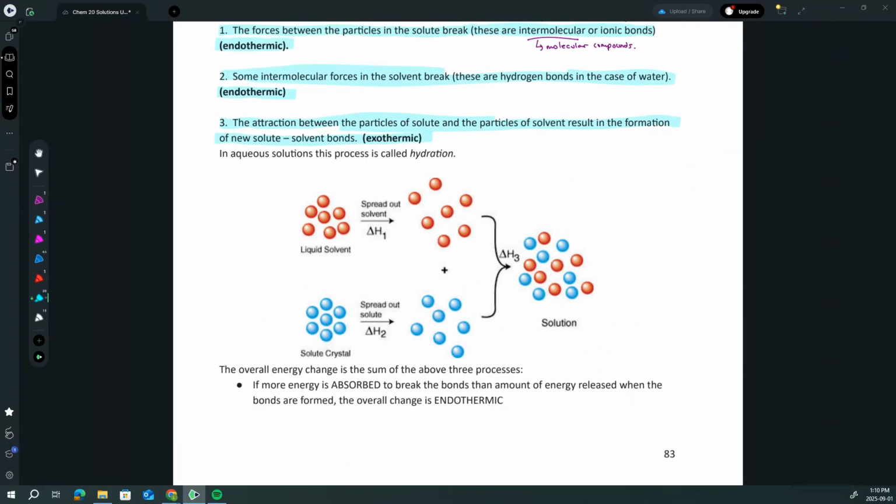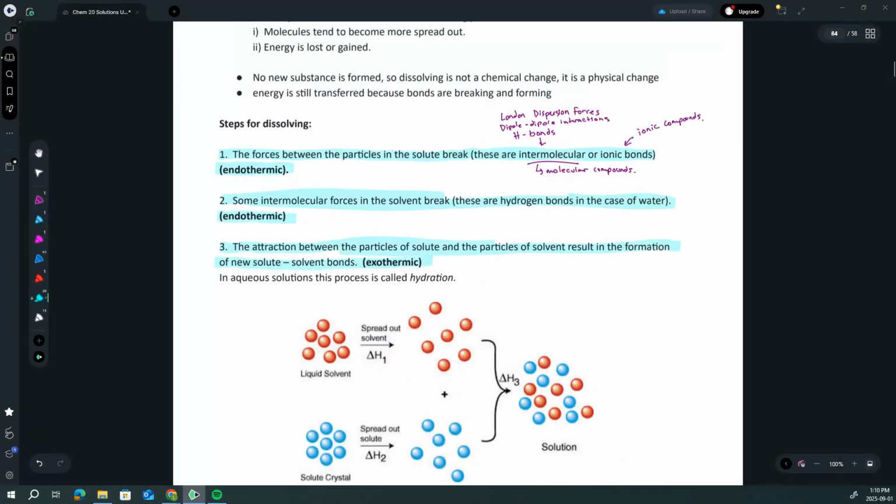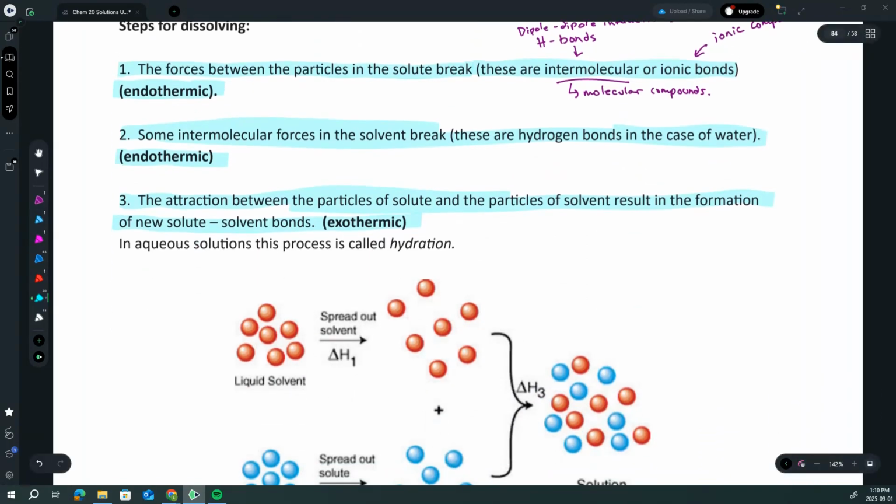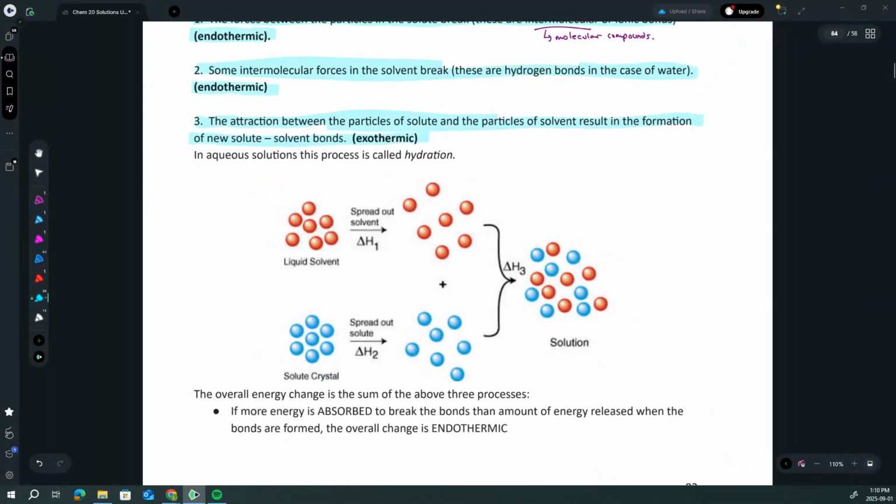So the overall energy change is going to be the sum of the above three processes. The forces between solute particles breaking and the forces between the solvent particles breaking are both endothermic, and then the attraction between particles of solute with particles of solvent is an exothermic process.